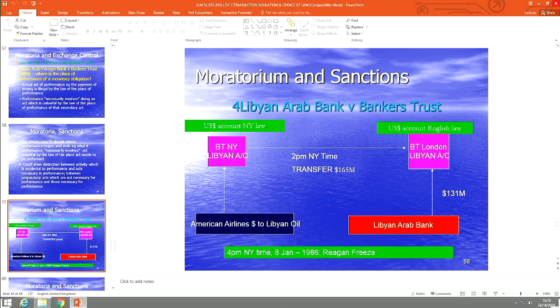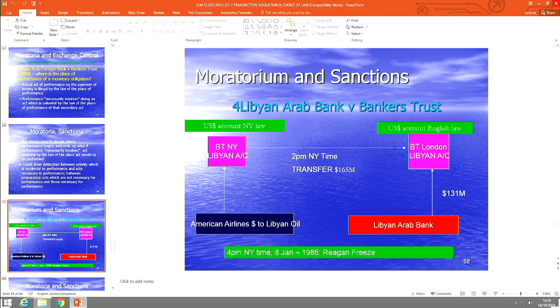The Libyan oil companies required payments by American Airlines and similar to be transferred to an account in New York with a bank called Bankers Trust, which I'm sure you have not heard of. Why? Because Bankers Trust was eaten up one morning by the mighty Deutsche.